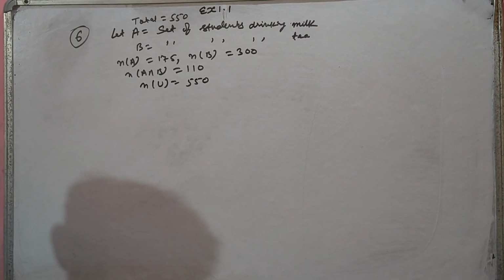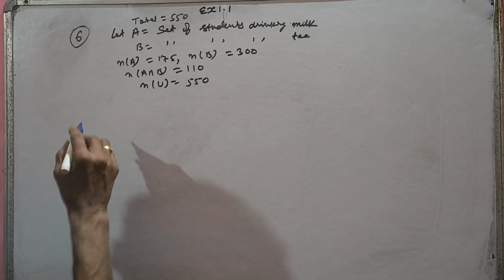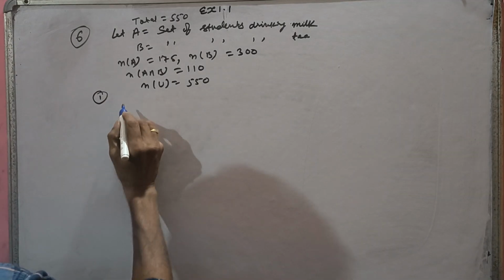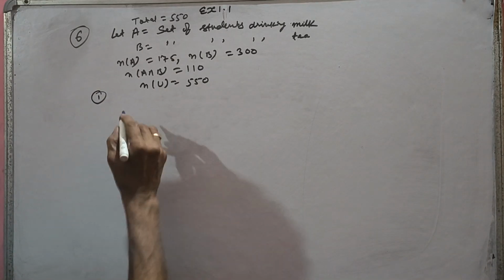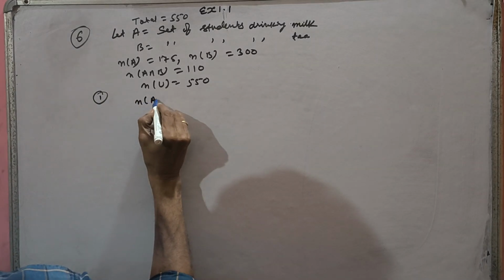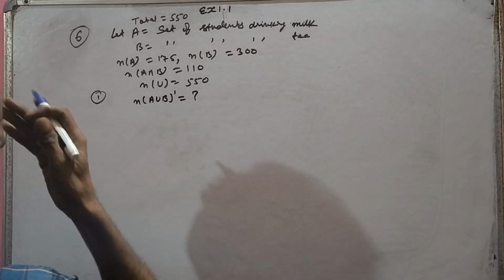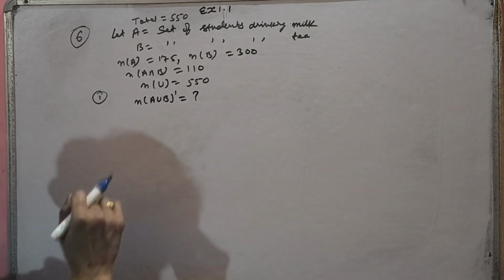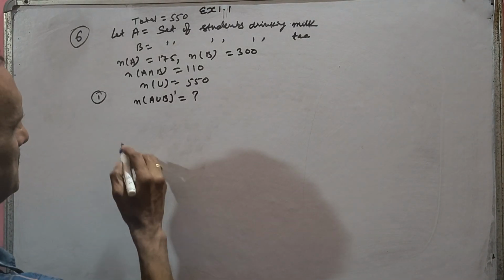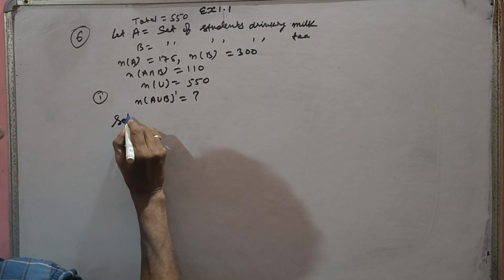In part 1, we have to find neither milk nor tea. What does that mean? n of (A union B) whole complement is to be calculated. So to find it, first we will find n(A union B).